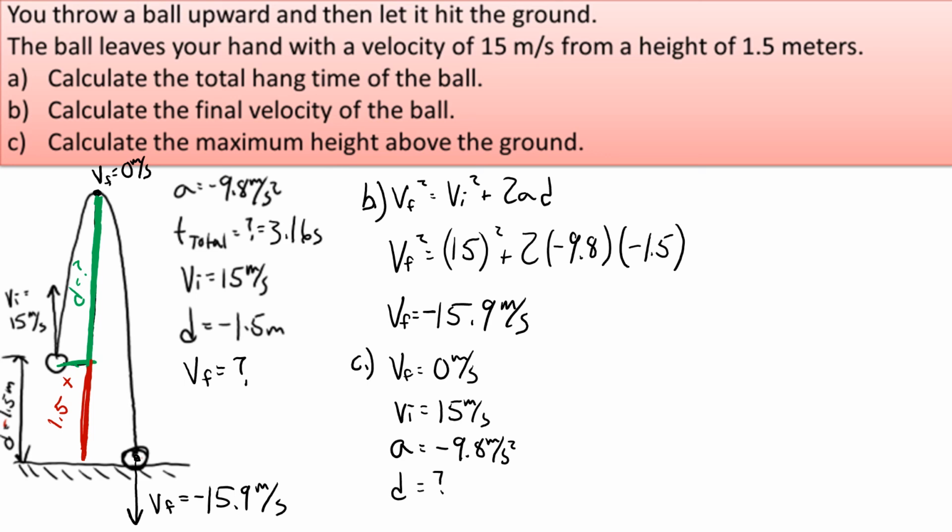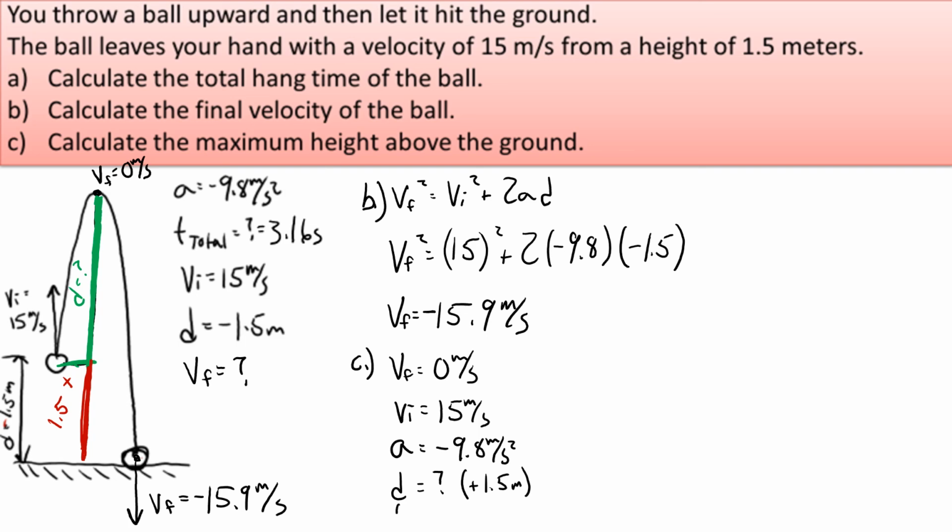If you want, you can write in plus 1.5 meters over here as a way to remind yourself, hey, don't forget, we want the height above the ground, so don't forget to add that 1.5 meters. That's a little pro tip for you, because after you do all the math, it's like muscle memory now. You just move on to the next one. You want to write yourself a little reminder if you need to.